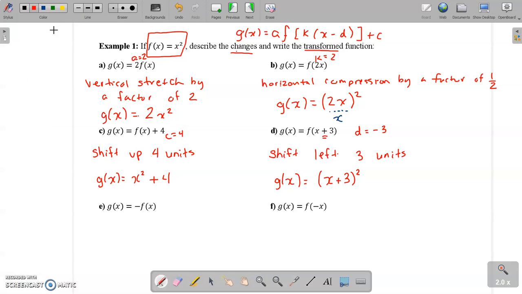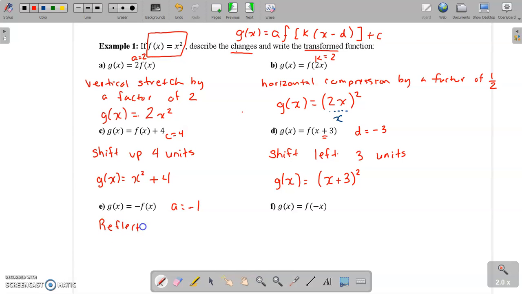All right, so the next one, we've got here negative f of x, which means this is our a value, which is actually negative 1. So it's good when you're looking at the functions if you can identify whether it's a, k, d, or c. So here, what this means is we've got a reflection through the x-axis.